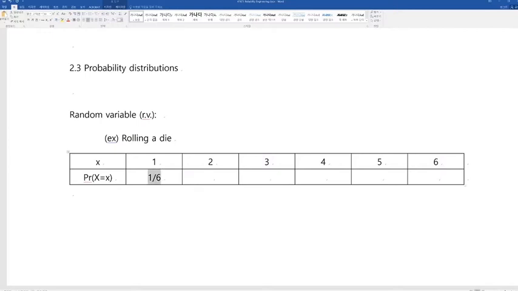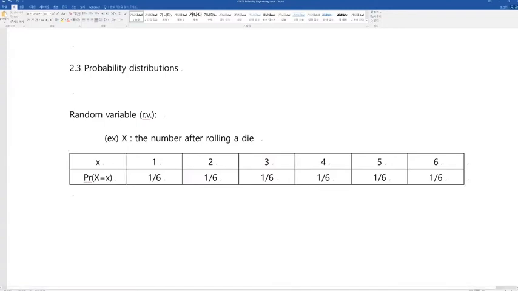And 2 will be the same, also 3, 4, 5, and 6. What is important here is that capital X means the number after rolling a die. And here X is a random variable.